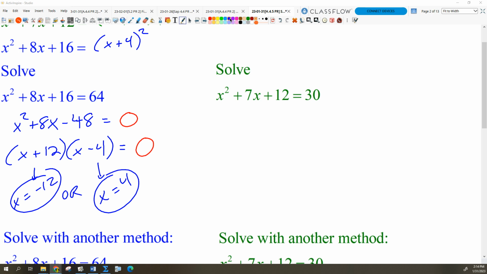And then if we wanted to solve this one, what would we do? Subtract 30. Okay, that's going to give us x squared plus 7x minus 18 equals 0. Can we find magic numbers? Okay, 9 and negative 2.